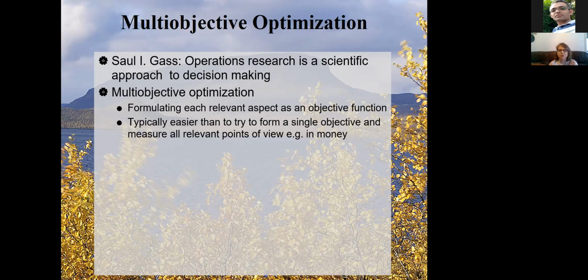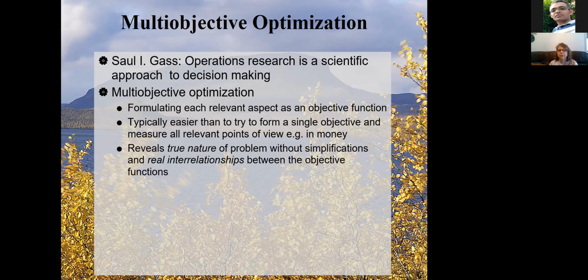They might not be easy to express in money, but they might be possible to express in other ways. The idea is that we can reveal the true nature of the problem better in the modeling phase without simplifying too much. Converting everything to money carries the danger of missing some information about the true nature of the problem, and might mean some simplifications or, on the other hand, overly complicating elements.